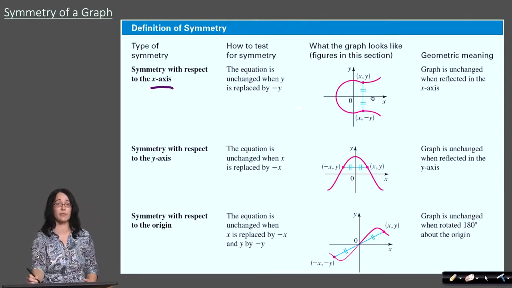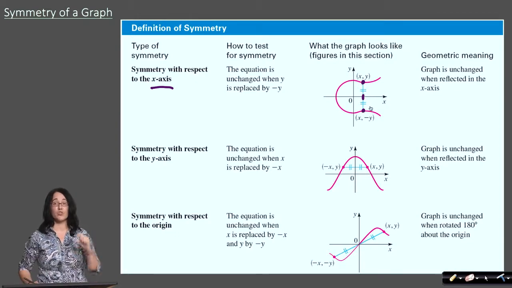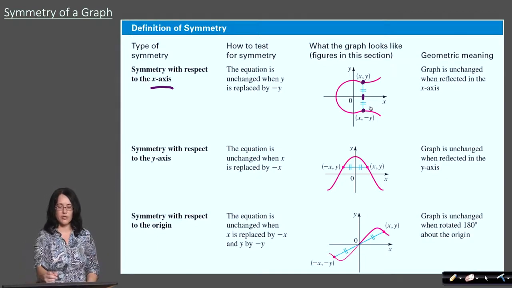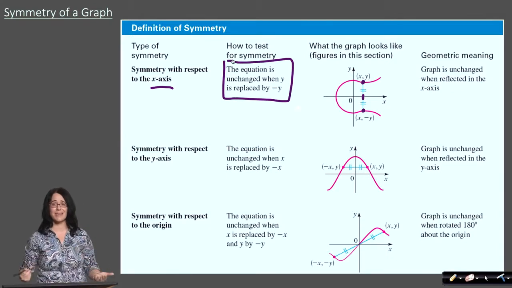So take a look at the picture that we've showed you here. If you were to look at this location for x, at that location for x, it has a positive y value and a negative y value, which are the same number with opposite signs. So maybe it's at y equals 2 and y equals negative 2, right? So at the same x value, the y values are identical except for the opposite signs. So how do you check whether or not a function, an equation, has x-axis symmetry?